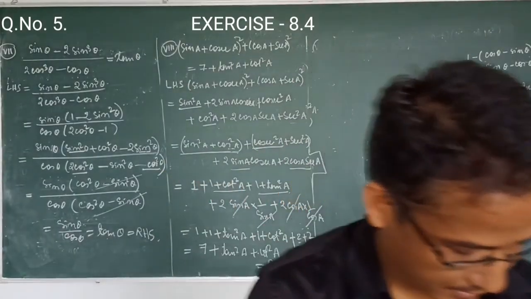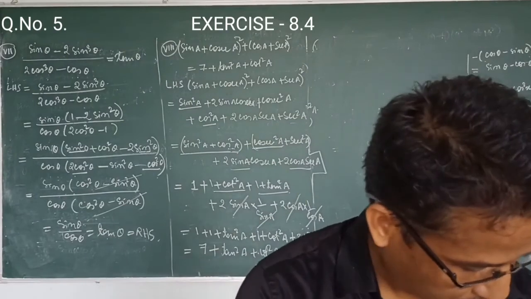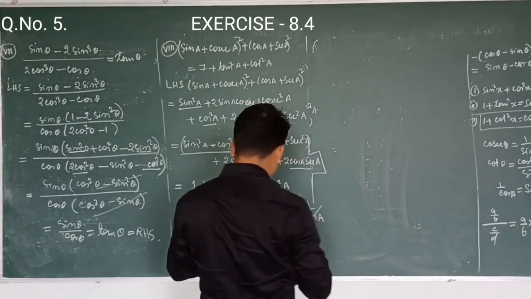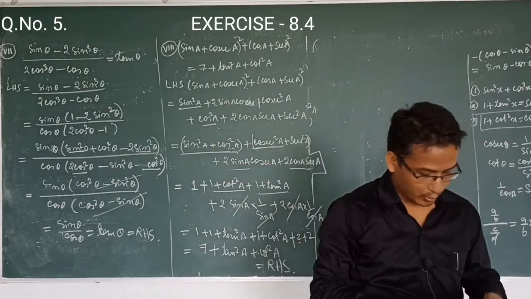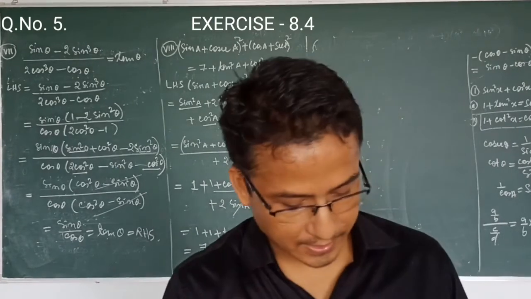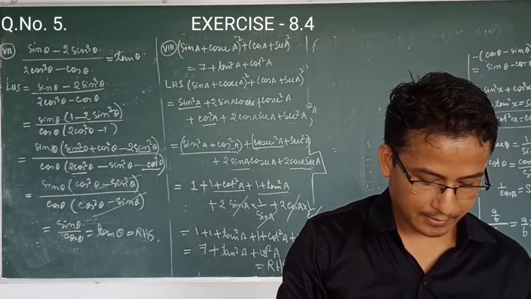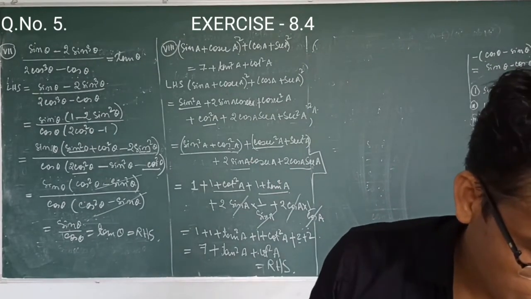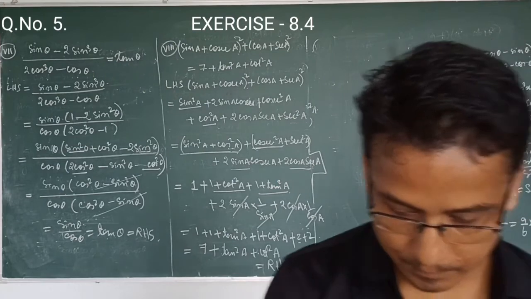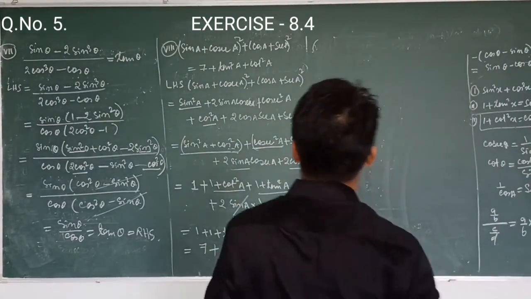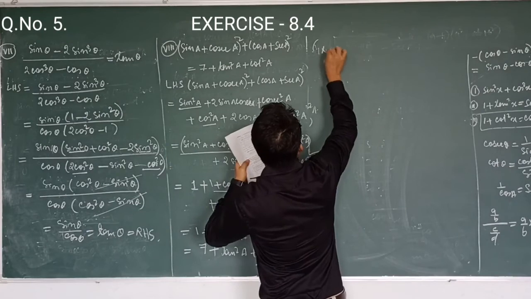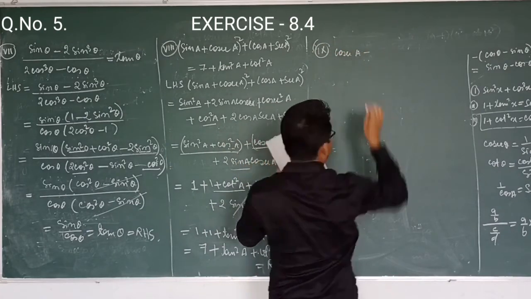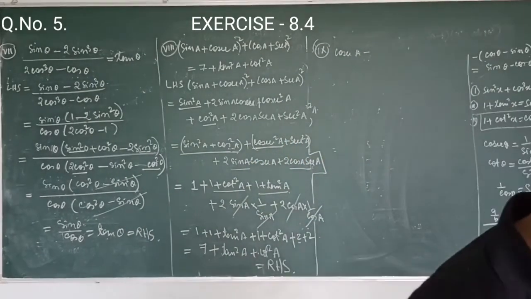Cosec A sin A and sec A minus cot A. Okay, so let's see. Cosec A minus cot A.